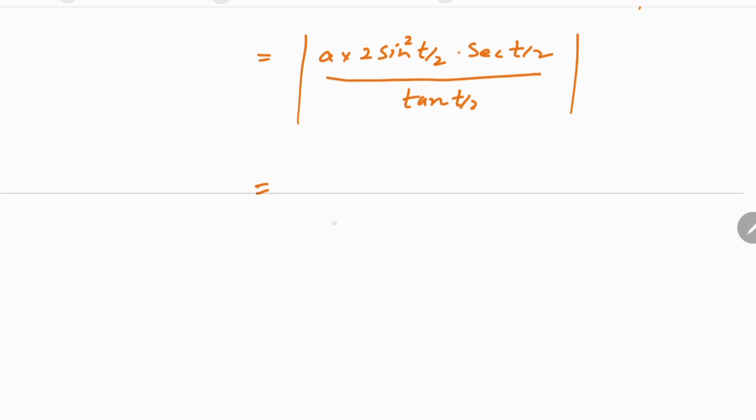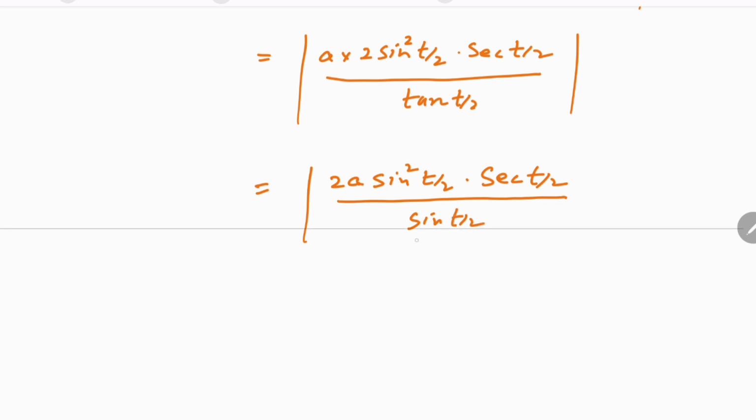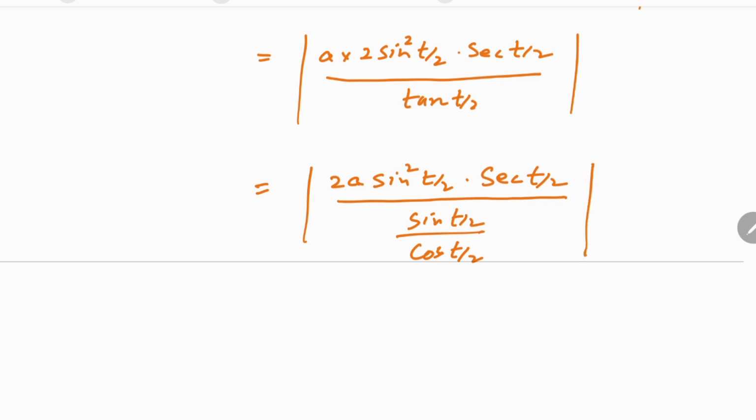Now necessary simplifications we shall do to get the final answer for the length of the tangent. The tan t/2 in the denominator can be written as sin t/2 by cos t/2. This cos t/2 is multiplied with the numerator sec t/2.